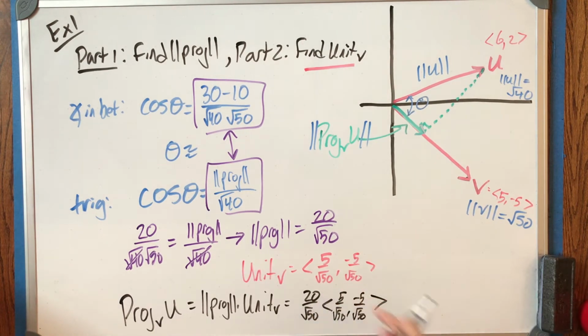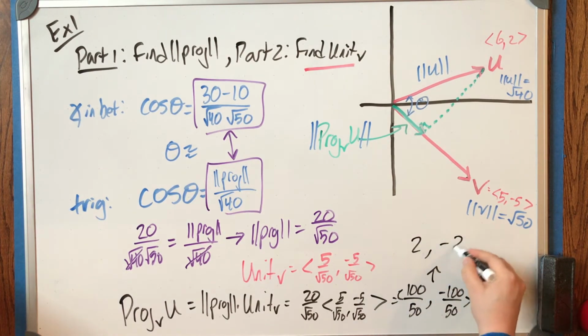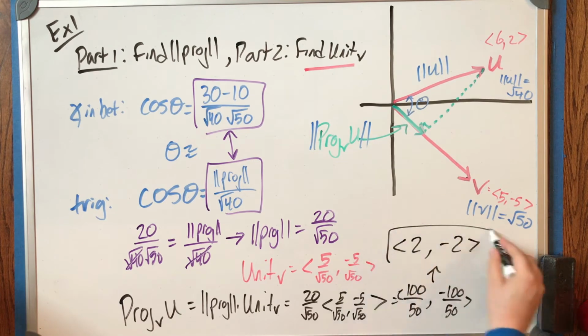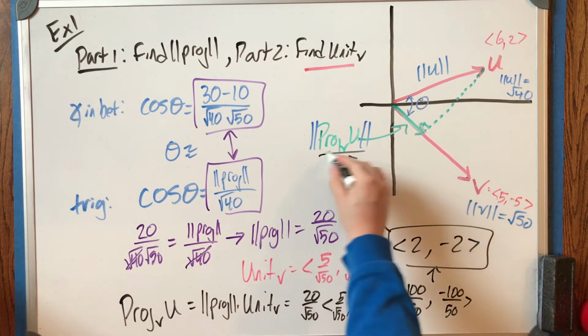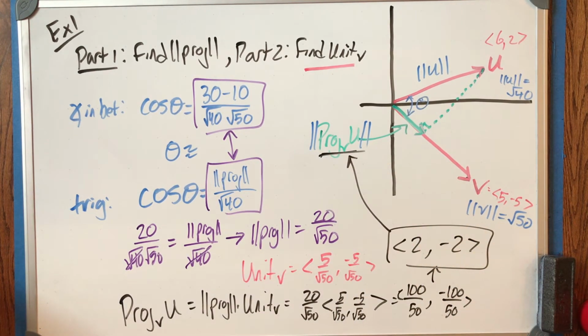So I get 20 times 5, that's going to be 100, over square root of 50 times square root of 50, which is just 50. And then 20 times negative 5, so that's negative 100, over square root of 50, square root of 50. And I kind of ran out of room here, but this is going to become 2, and this is going to become negative 2. So that is what the projection of u onto v is in this situation. So we're going to try to summarize that, and we're going to come up with a formula that we can use.